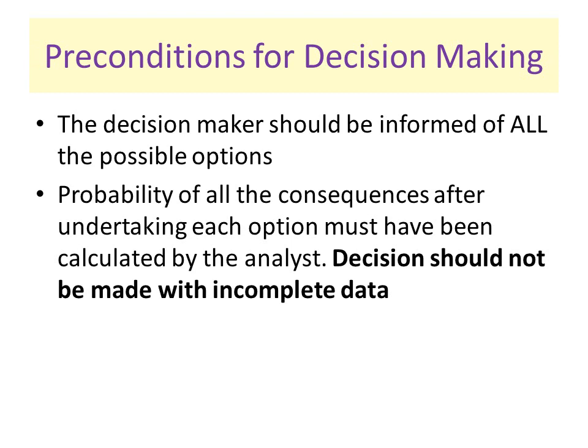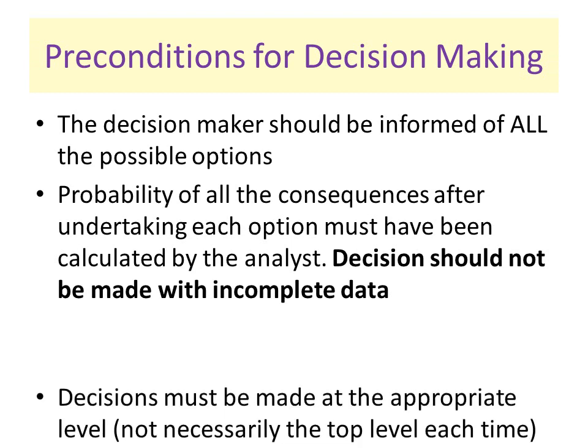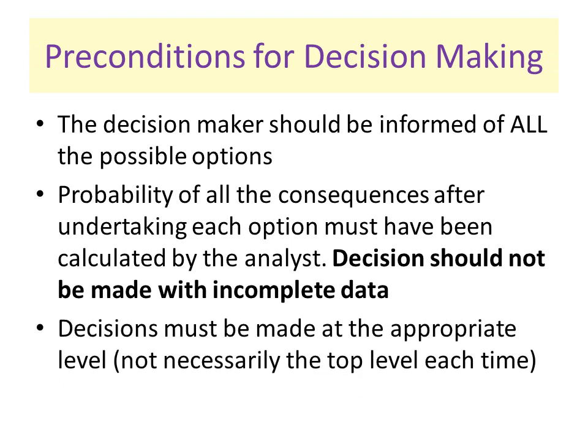The decision should not be made with incomplete data. So the person who is taking the decision should know about all the options available and the probability of all the consequences occurring after each option before actually going for decision making. And the decisions must be made at the appropriate level, which may not always be the top level.